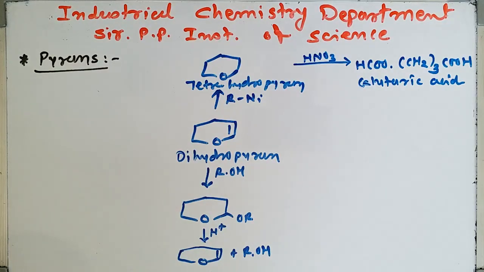Carbon monoxide and steam in the presence of a catalyst convert tetrahydropyran into pimelic acid.